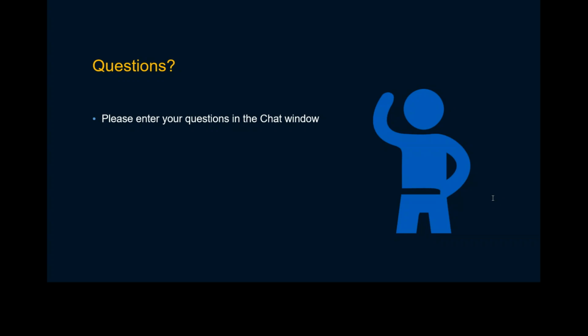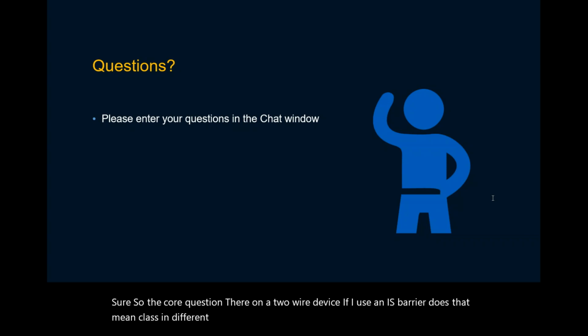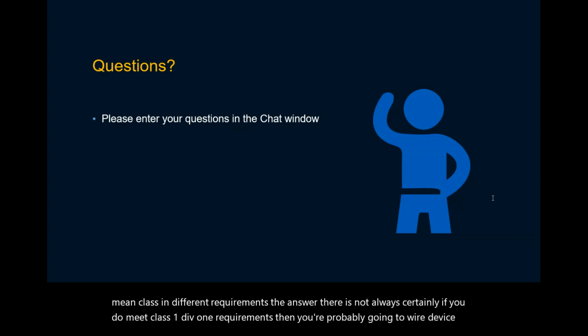Sure. So the core question there, on a 2-wire device, if I use an IS barrier, does that meet Class 1 Div 1 requirements? And the answer there is not always. Certainly, if you do meet Class 1 Div 1 requirements, then you're probably going to be a 2-wire device, but not all 2-wire devices will meet.